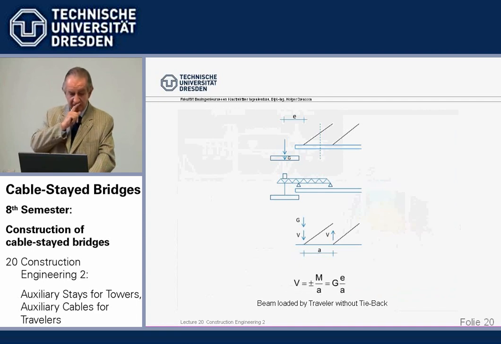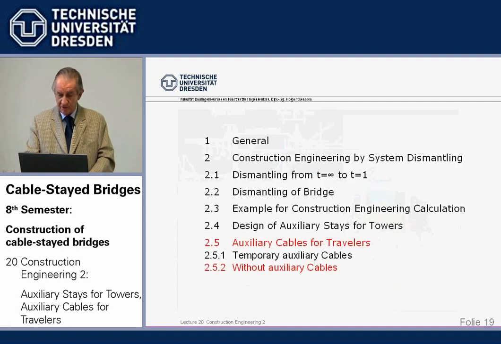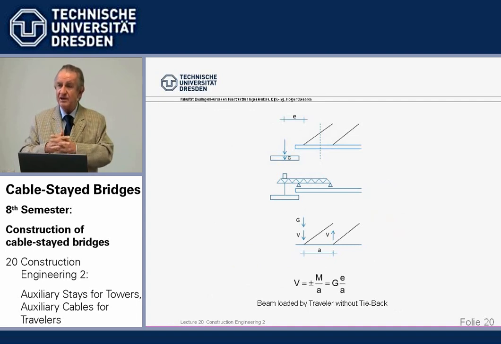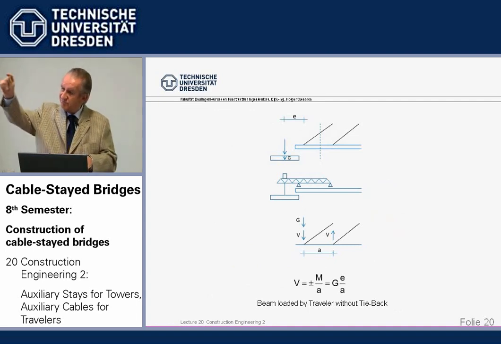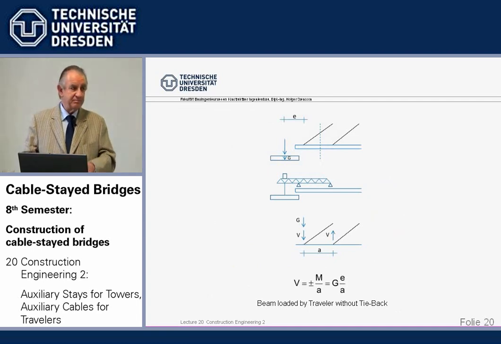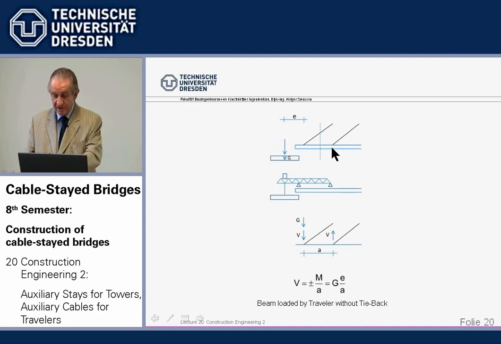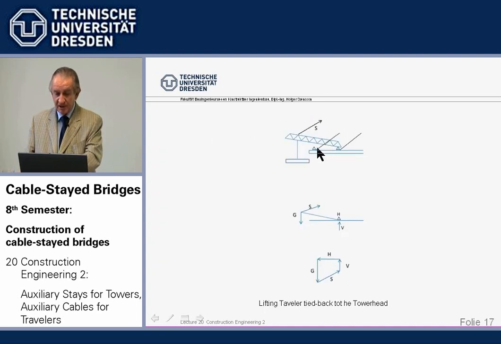Okay, that was in the last one. If we try to get rid of this auxiliary hanging back of the traveler, we have the chance, if the beam is lying on both supports, not lifted off as we have done here.